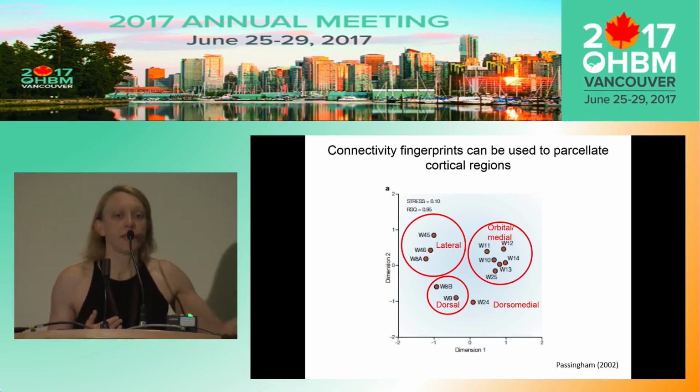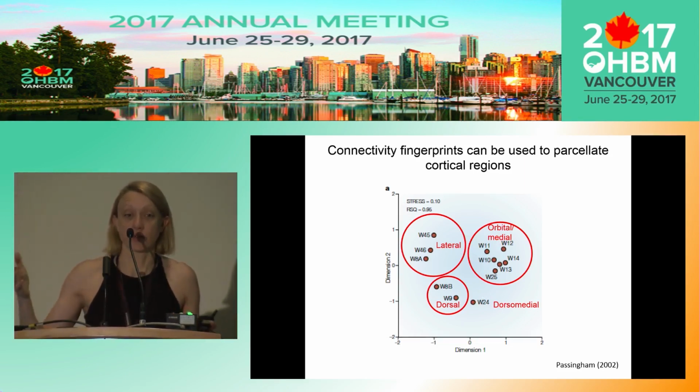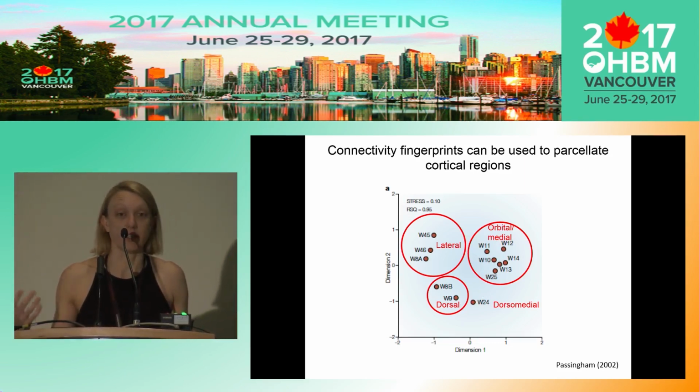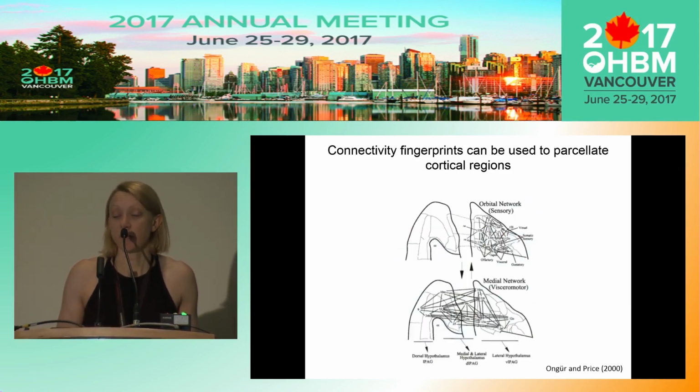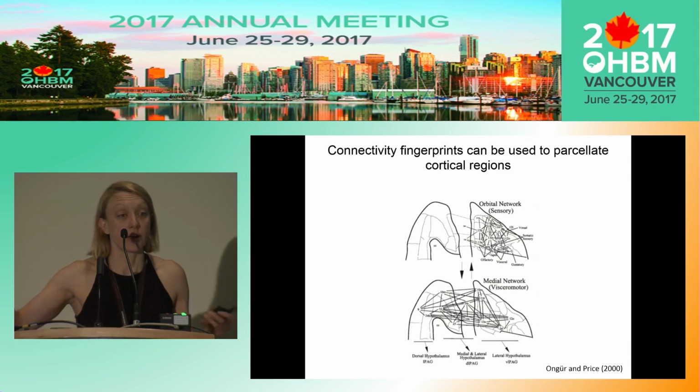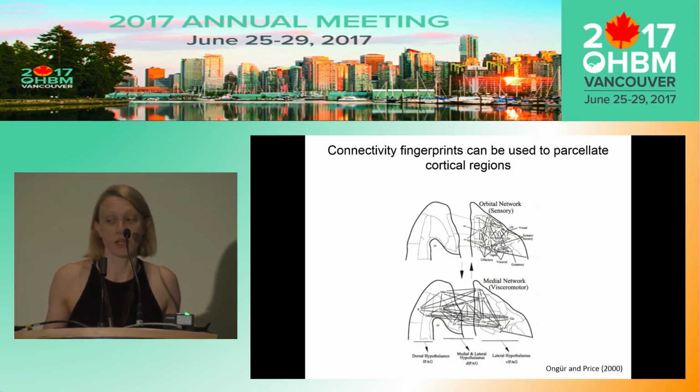Now, I've described these in terms of where they are on the cortical surface, but these regions also have really different cytoarchitecture. So there seem to be multiple ways this can line up. And so if you got a lot of connectivity fingerprints, then it might be possible to find out something else about the function of those regions and how they differ from each other.